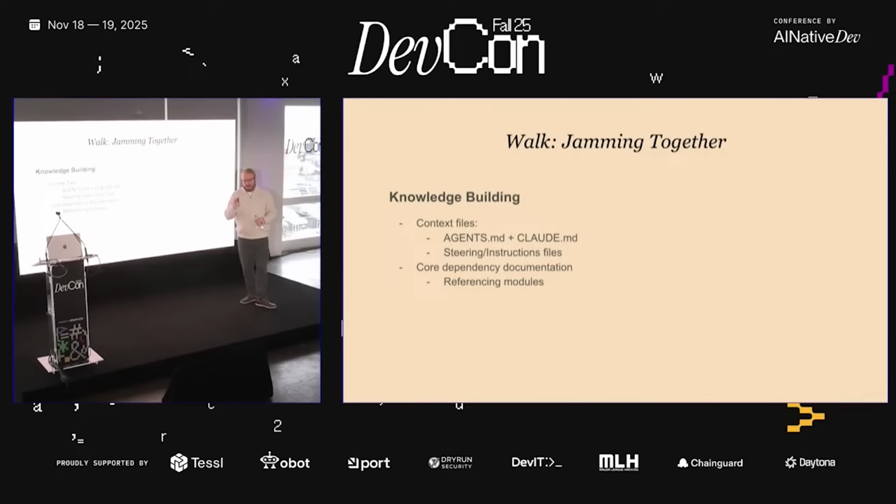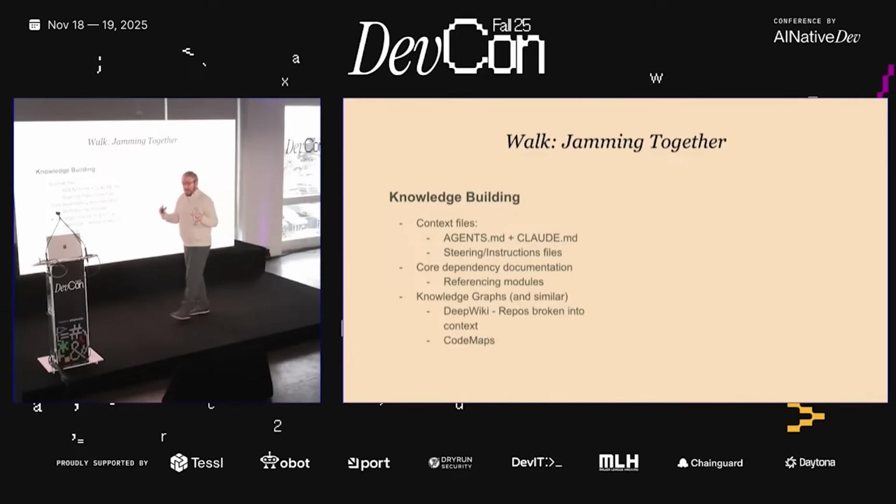But regardless, if you have a key dependency that's a third-party module, make sure it's in your context. Make sure you're using it right, especially if it's things like databases, because it's such a dense topic and tool set that it ends up getting pretty confused with those types of tools. So make it clear.